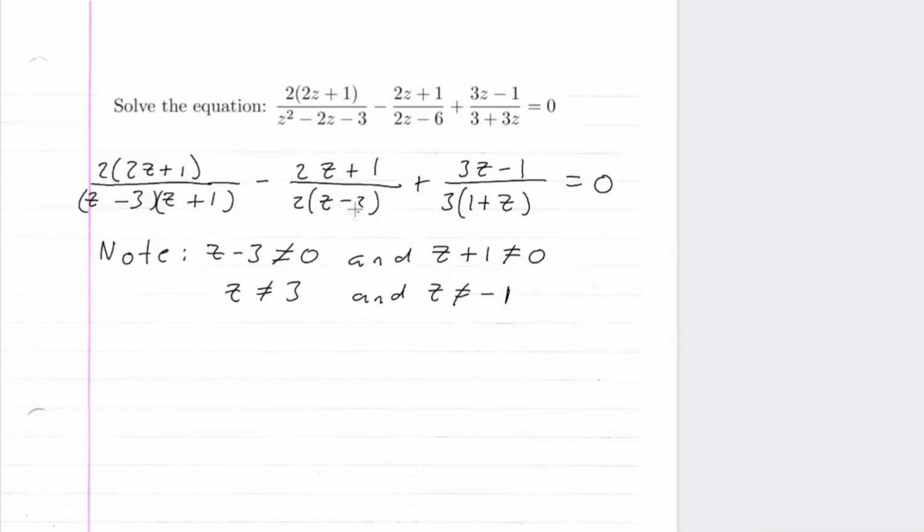I'm going to try to find a common denominator. So I'm going to have this 2 times 2z plus 1 over z minus 3 times z plus 1.